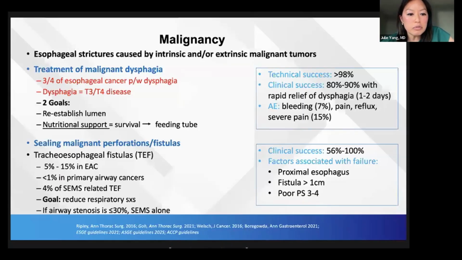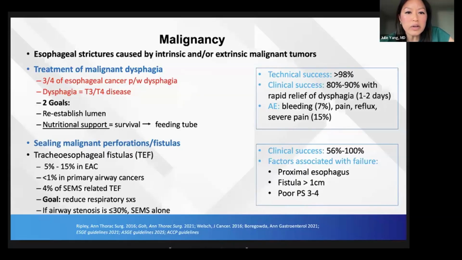So even though we put stents in, most of the time patients are going to need feeding tubes. And if they're esophageal cancers and potentially resectable, you will want to talk to your surgeons because most of the time they don't want you to put gastrostomy tubes and prefer jejunostomy tubes, so it won't mess up their conduit formation for surgery.